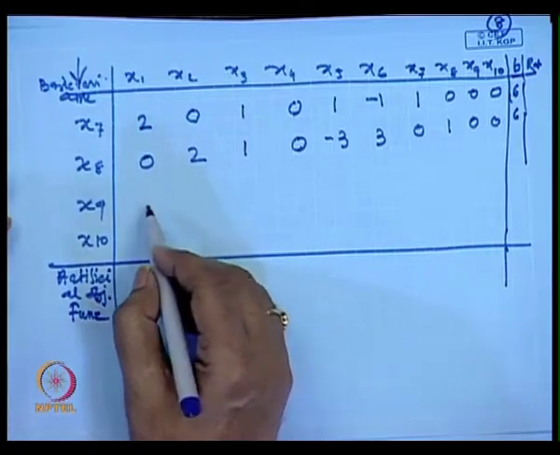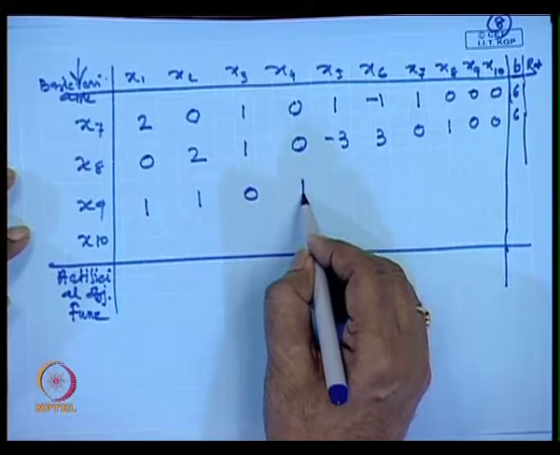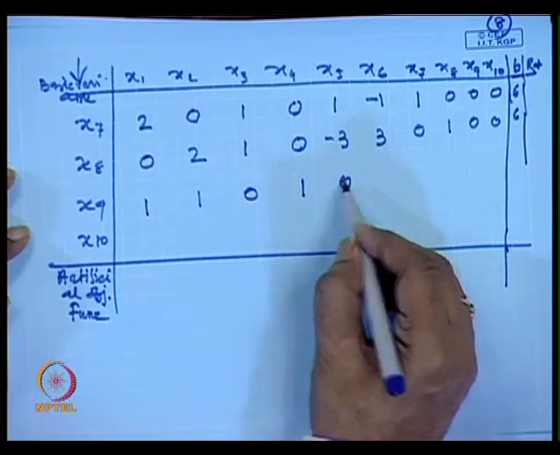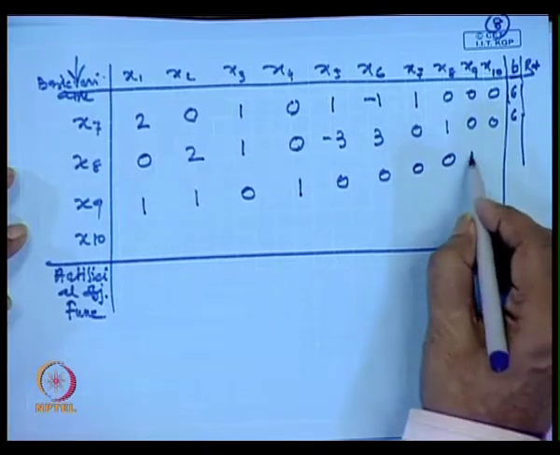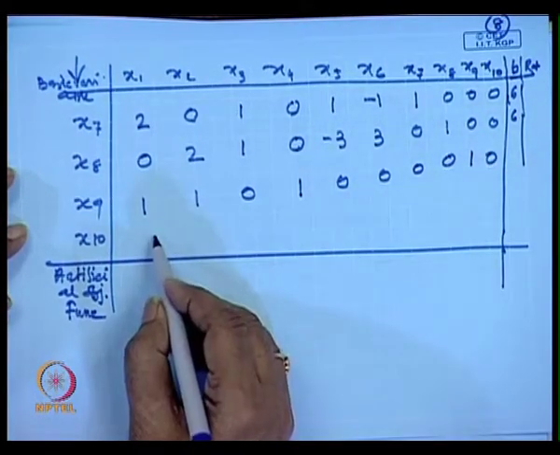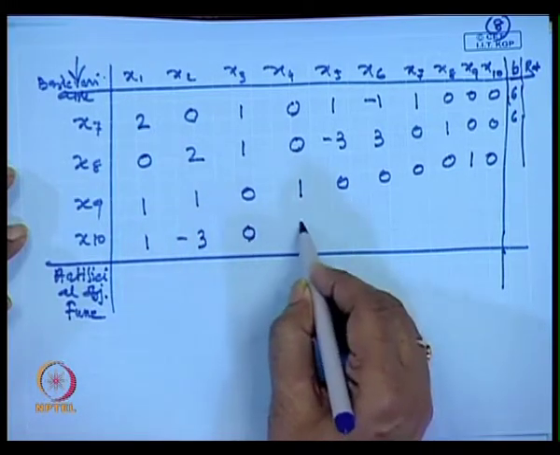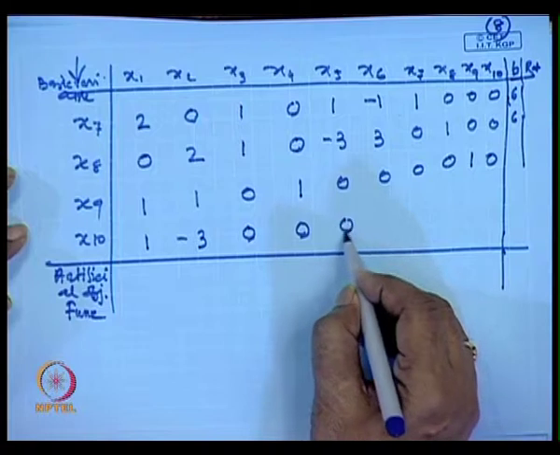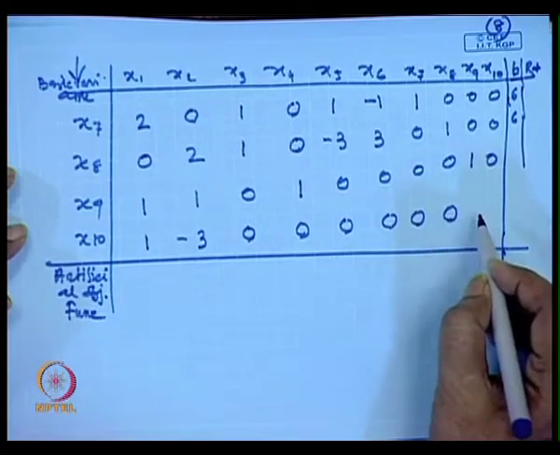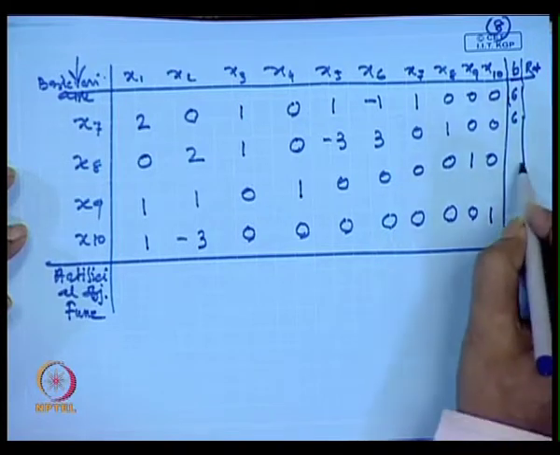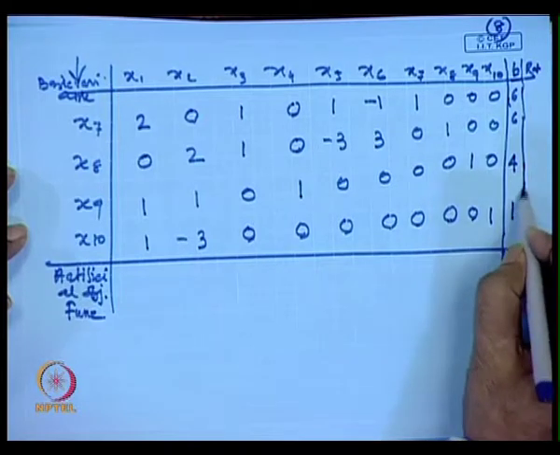Then next is 1 1 0 1, then 0 0 0 0 1 0, and the last equation 1 minus 3 0 0 0 0 0 0 0 1, and that right hand side is 4, this right hand side is 1.